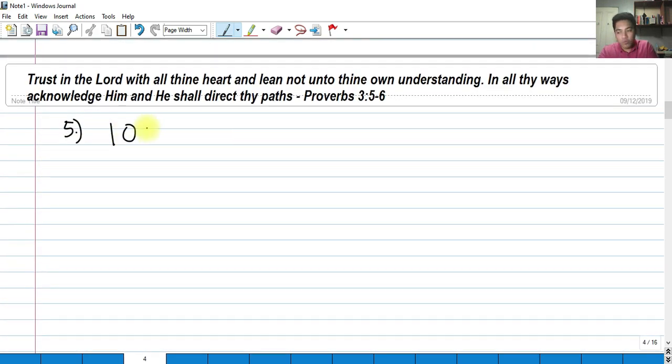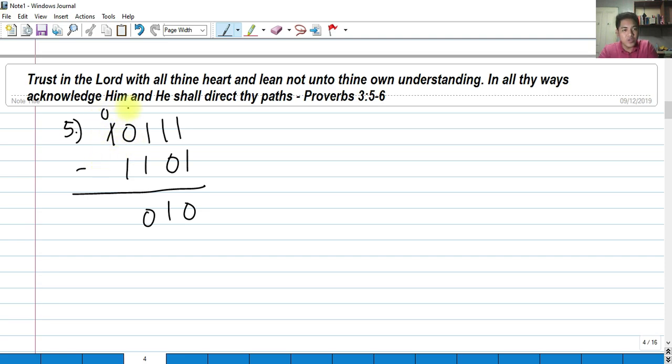We have 1, 0, 1, 1, 1 minus 1, 1, 1, 0, 1. 1 minus 1 is 0. 1 minus 0, we have no problem, 1. 1 minus 1, so sweet because 1 minus 1 is 0. 0 minus 1, oh, that cannot be, so we have to borrow 1 here. So this would become 2. So 2 minus 1 would be 1. So we have an answer 1, 0, 1, 0 for this problem.